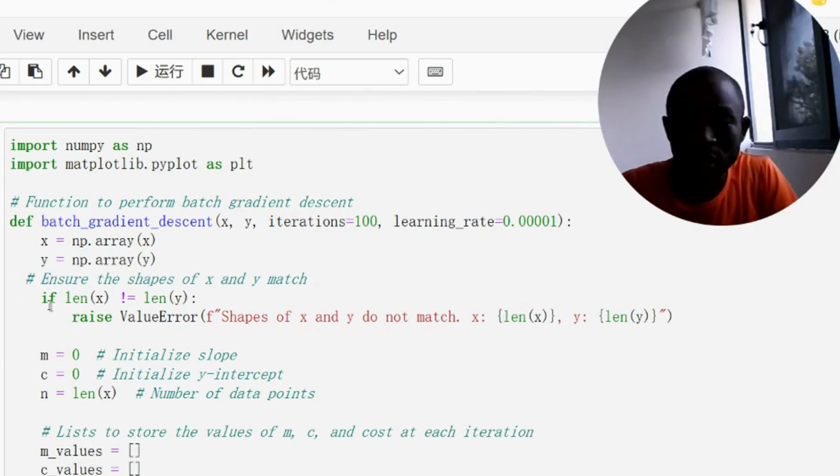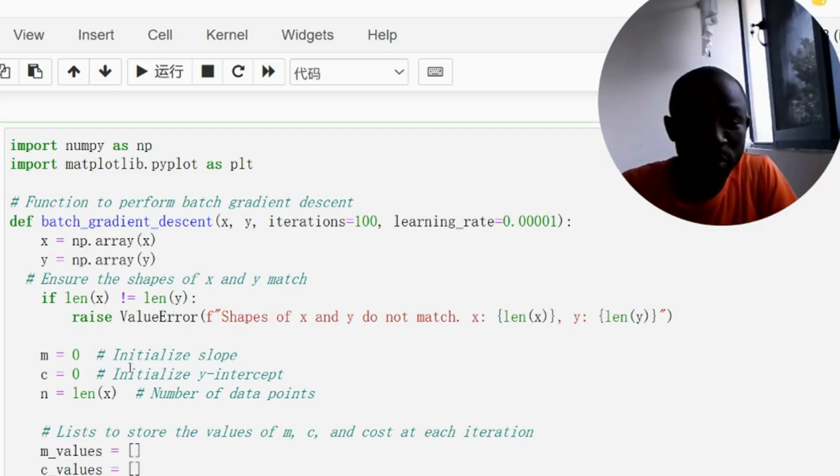So we write code that if the length of x is not equal to the length of y, they should match. If it is not equal, we raise a ValueError: x and y do not match. If it is not equal, this error statement is going to run.